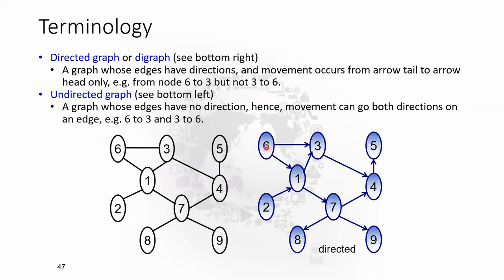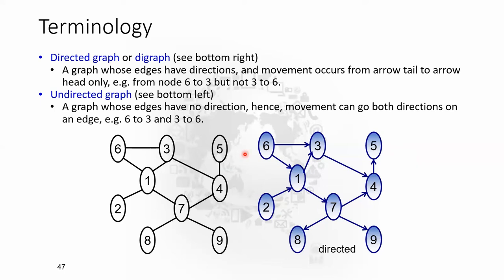So here, 6, 3, 5, 1, 2 are all nodes. And the arrows and the lines that connect two nodes, we call them edges. The one with the arrow, we know as a digraph or directed graph, which consists of directions that you need to follow.